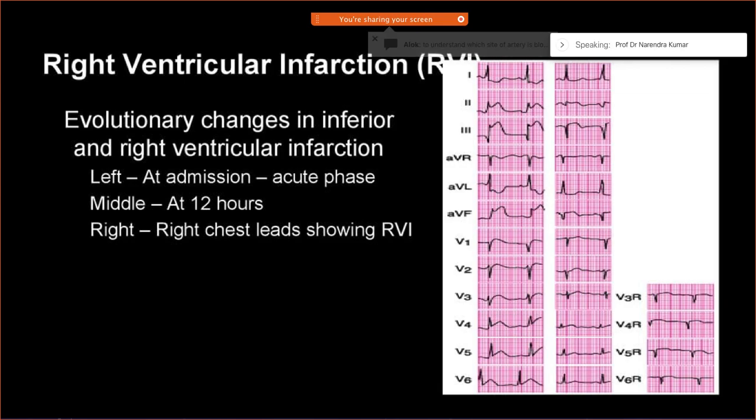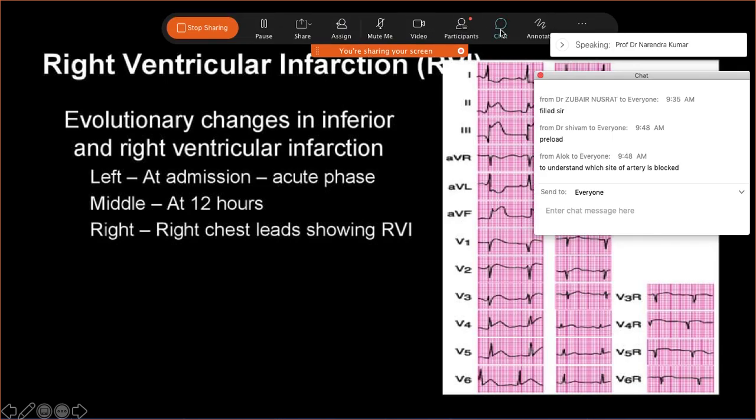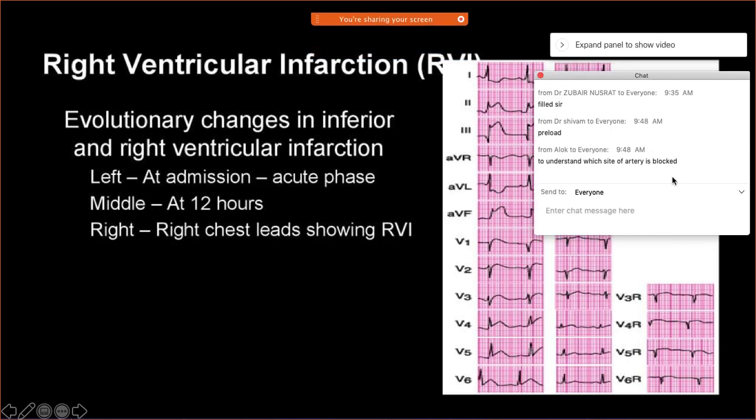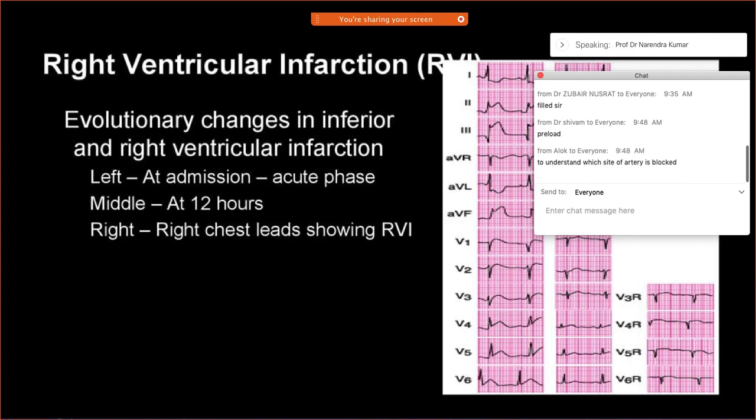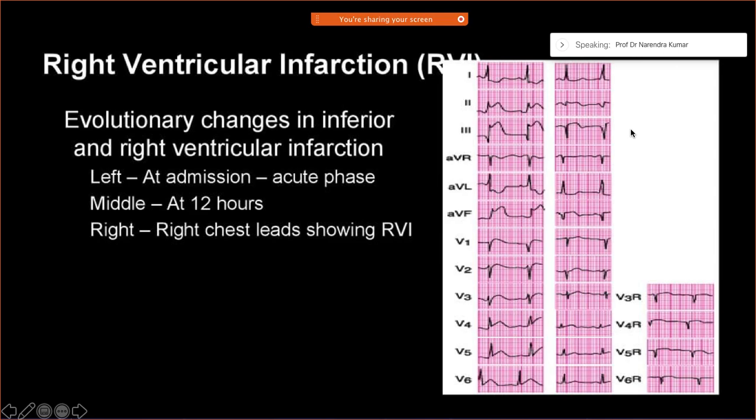Okay, good, good. Some more. Okay. So to understand which artery is blocked, yeah. Preload, okay. Preload, good. So what happens is even the complications. What kind of complications are we anticipating in such patients?